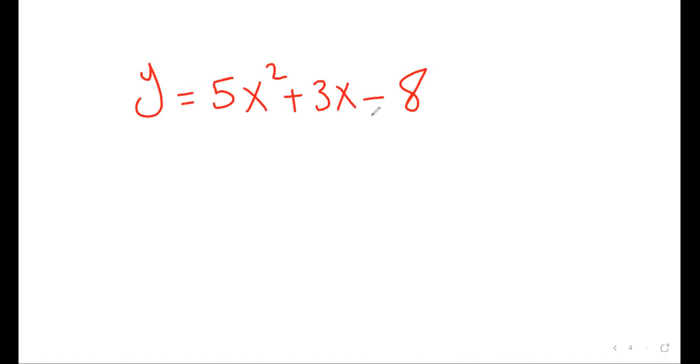Okay? What is the rule? The rule is easy. We just do like this. You see the bar here? It will be 10x plus 3. How about 8? It's 0.